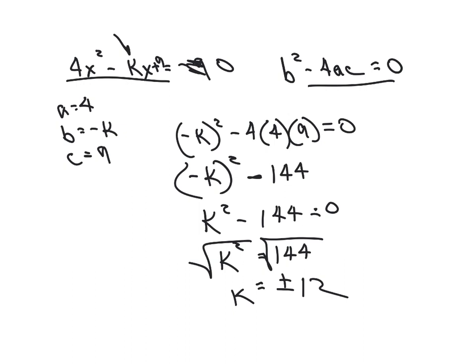So we get a positive 12 or a negative 12 to put in here. That will give us a discriminant of 0. So in order to get a discriminant of 0 so that we get one rational solution, I have to put 12 in here. Do you follow what I did there?